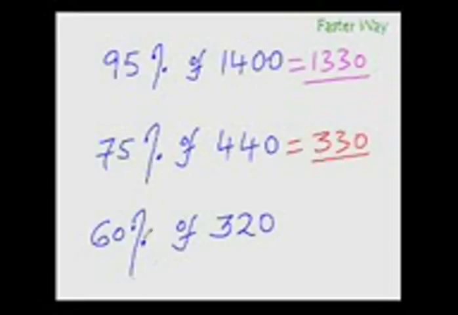Alright, so now look at this. 60%. 60% is nothing but 50% plus 10%. So 50% of 320 would be 160, and 10% would be 32. 160 plus 32 is 192. So this is the answer.